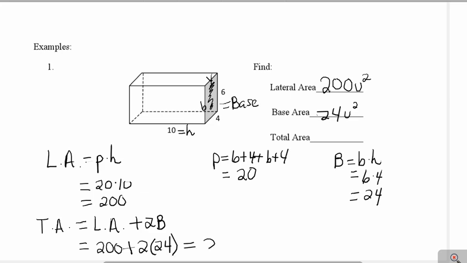When I simplify this, I get 200 plus 48, and that gives me the final answer for the total surface area of the prism, which is 248 units squared.